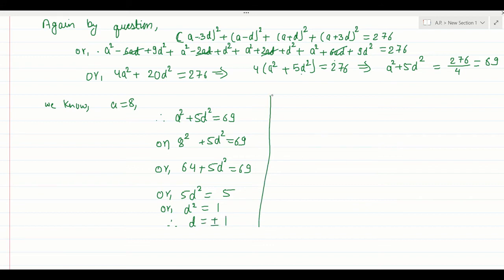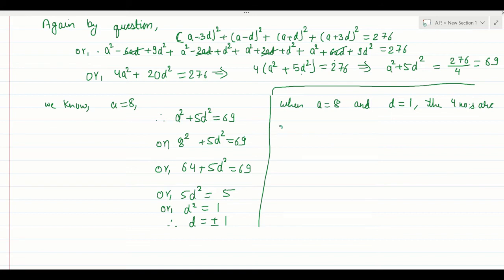Now after this, when a is equal to 8 and d is equal to plus 1, the four numbers are a minus 3d, a minus d, a plus d, and a plus 3d. That is, how much is a? 8.